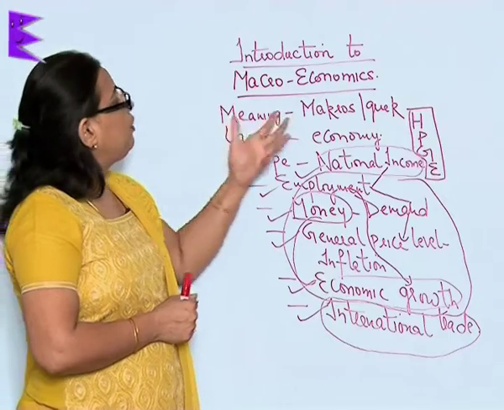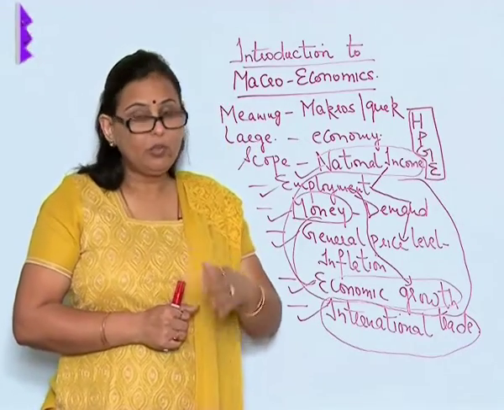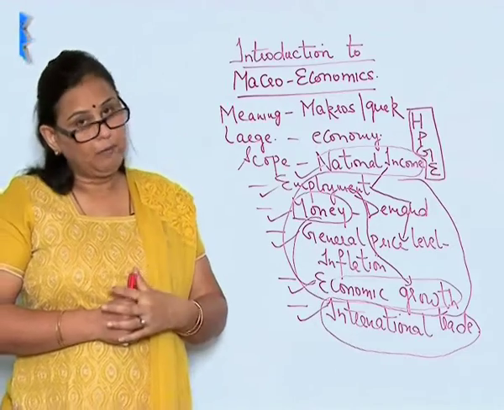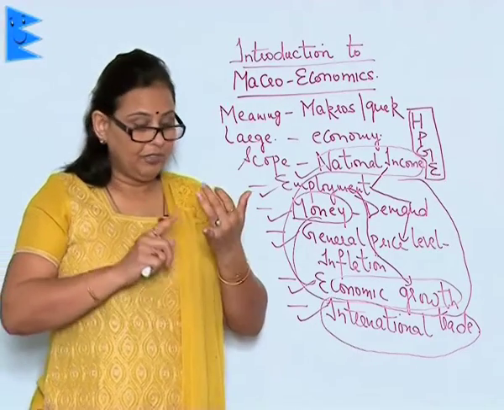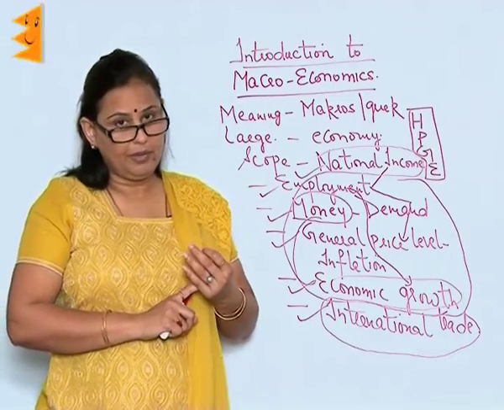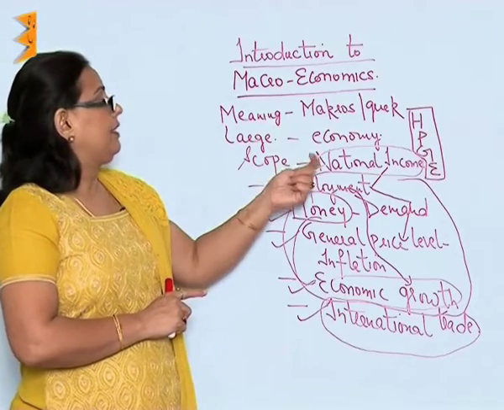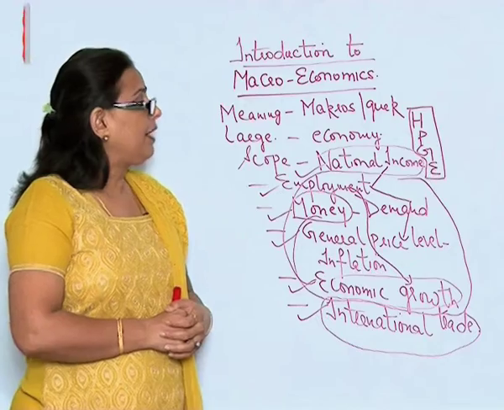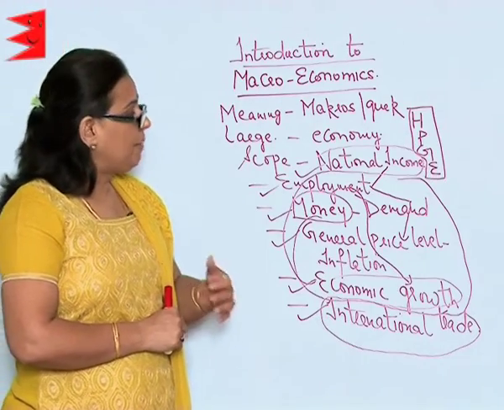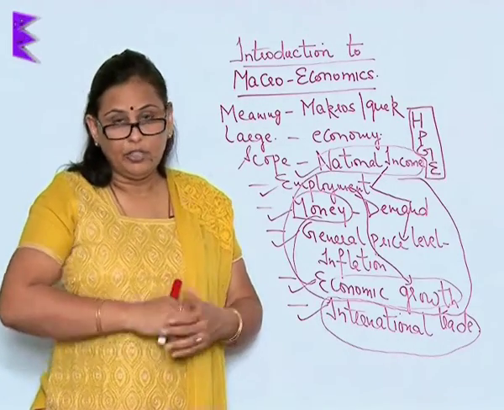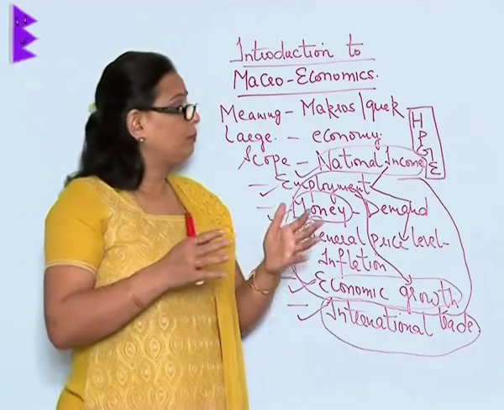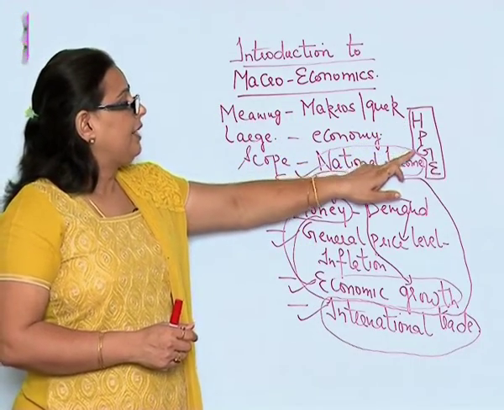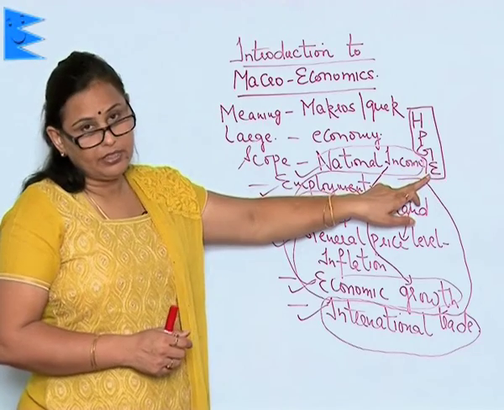But remember, when you are studying macroeconomics, there are 4 sectors of the economy which you must go into in detail. The first is the household sector, the second is the production sector, the third is the government sector, and the last is the rest.